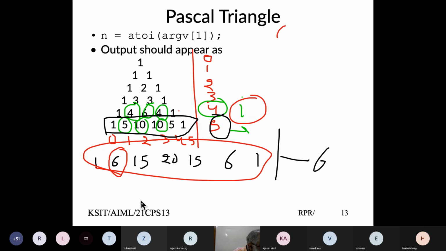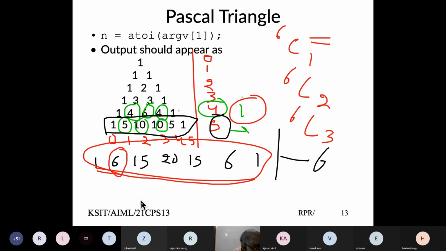What is 6C2? What is 6C3? Yes, 6C1 is 6. So if you look, these are all binomial coefficients. Whichever line I am in, all the values correspond to the binomial coefficients of that number. Are we clear here?